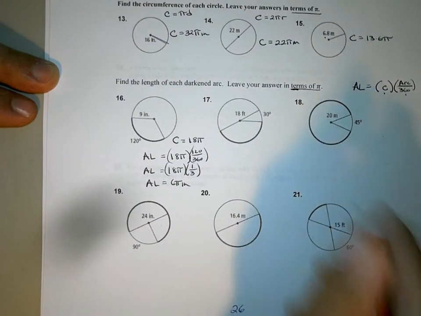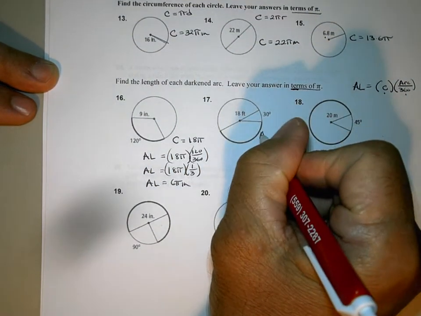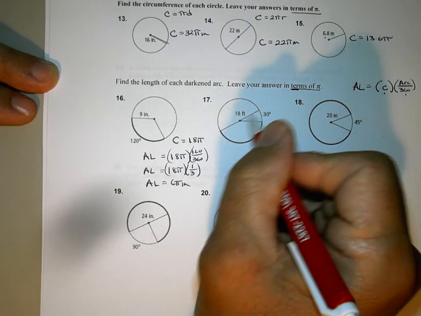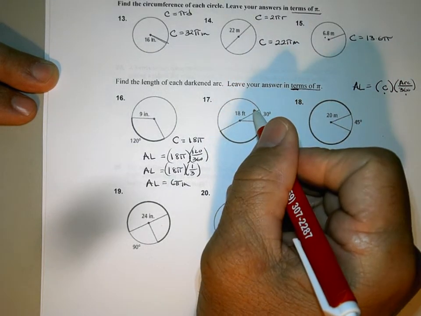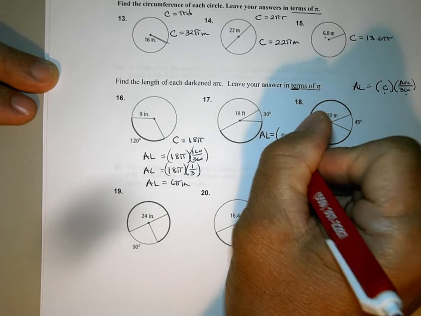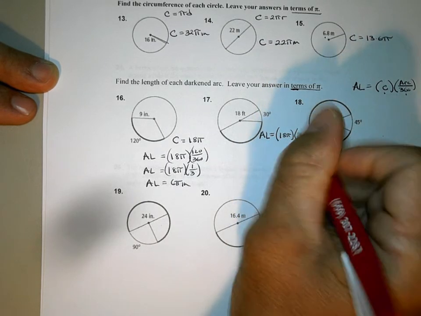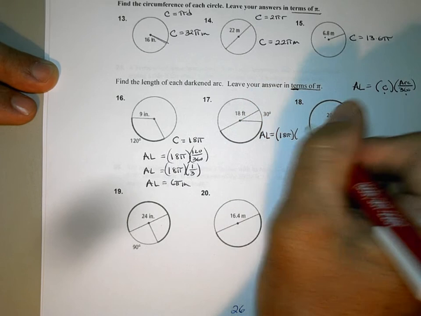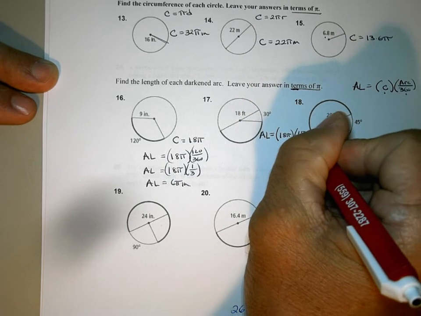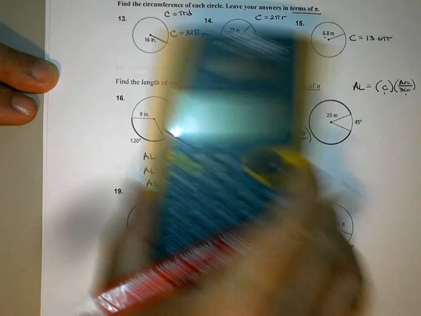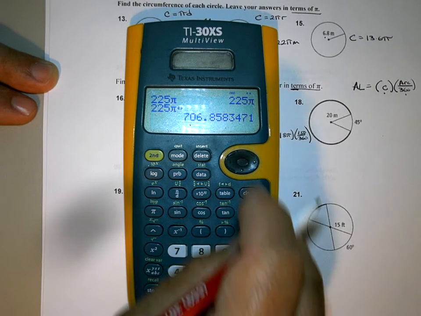So let's see what we got here. So the arc length, we'll just put it right in this time. The circumference, that is a diameter of 18. So we'll say 18 pi times 180 minus 30, or 150 over 360. And again, we can just put this right into our calculator.